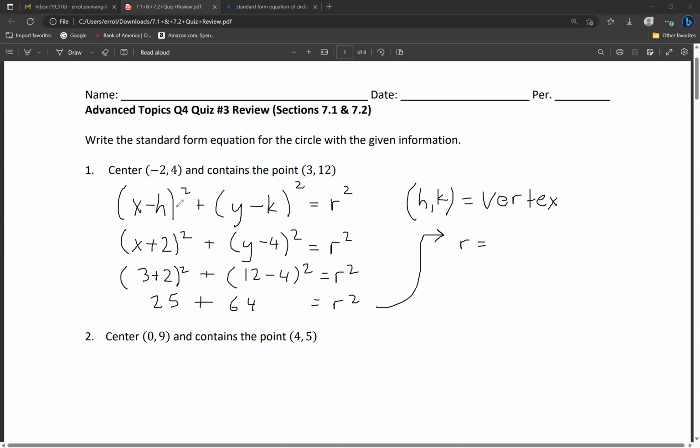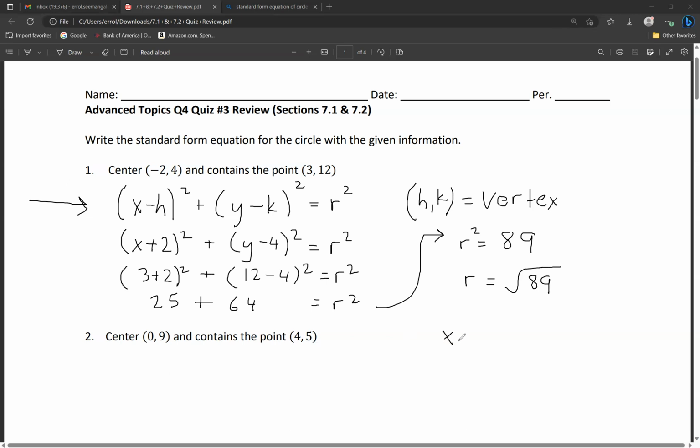Did I mess something up here? Let me just check that. Plus 2 there and -4 here. That's right. 3 plus 2 squared, yep, and 12 minus 4 squared, yep. So r squared is 89, right? So that means that r is root 89. So now you just plug everything into that first equation.